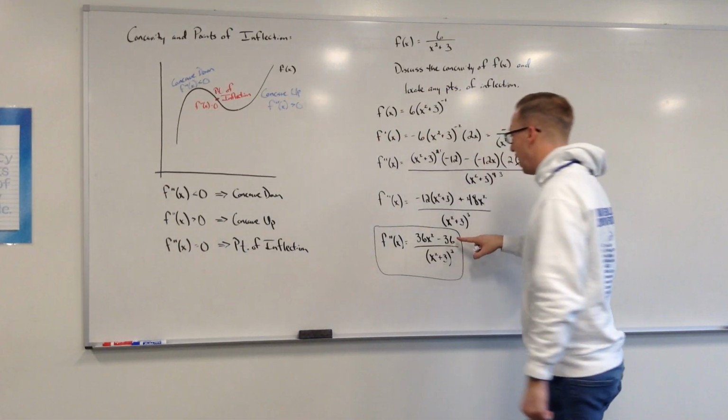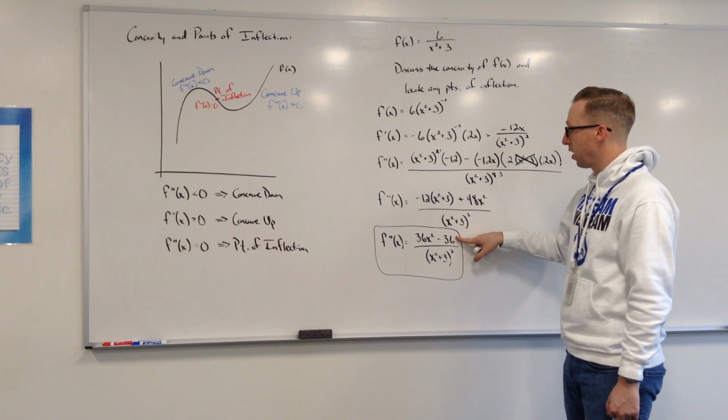That can be done by setting the top, 36x squared minus 36, equal to 0.